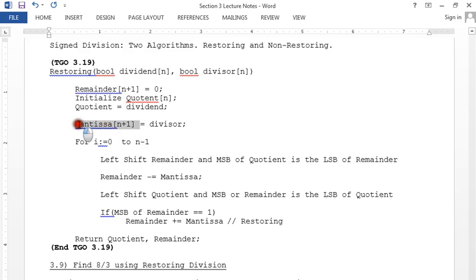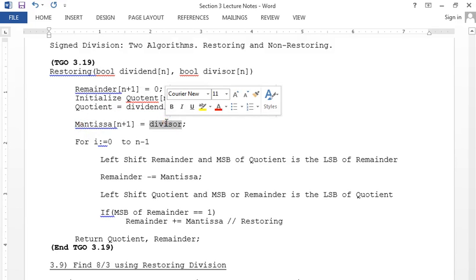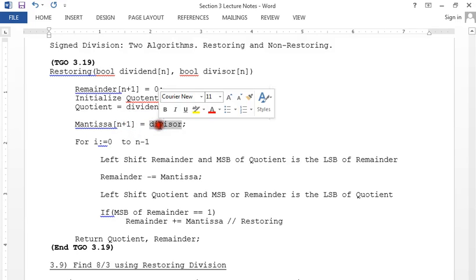And so we have this value called the mantissa here, which is different than the IEEE 754 format. And we're going to call that our divisor. So it's an n plus 1 bit representation of that. So we initialize that to equal our divisor. So down here we have 8 divided by 3 as an example. So our remainder is going to be initialized to 0.